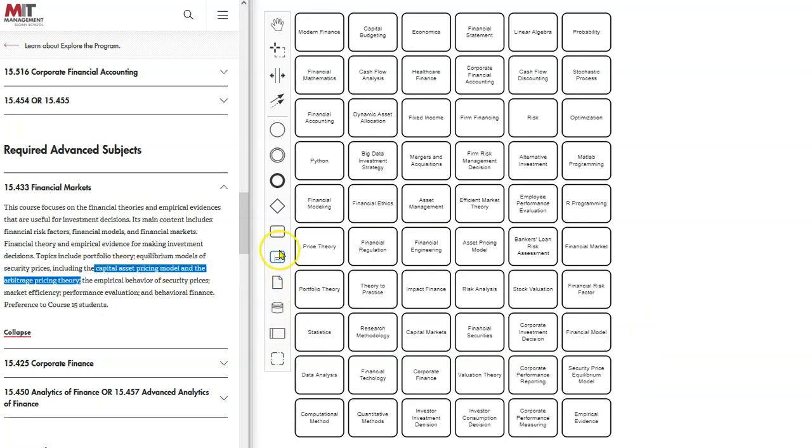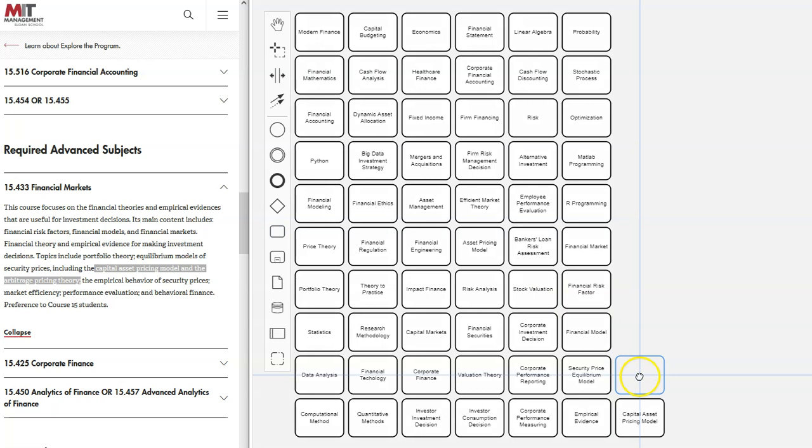Okay, there's another good one. Capital asset pricing model. Arbitrage pricing theory.